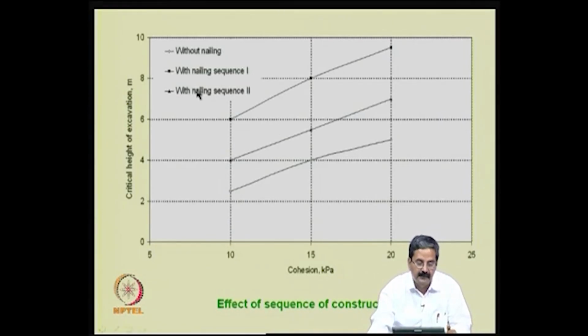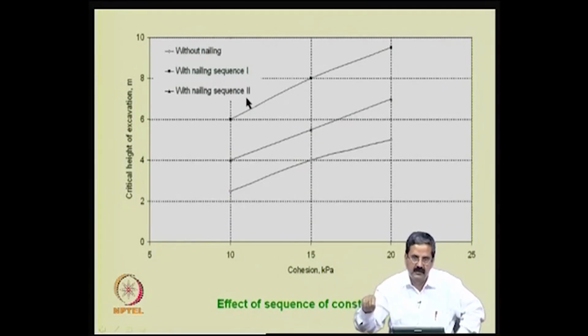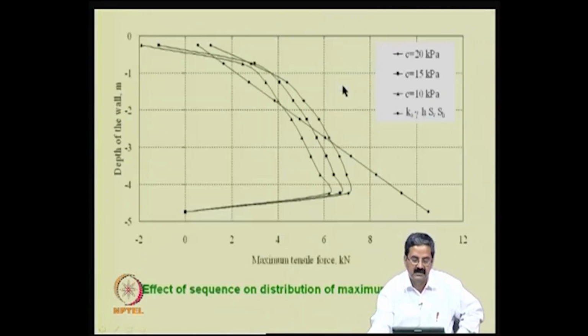You can see that the critical depth without nailing will be lowest, depending on the C value. The moment I have sequence 1, which is nothing but 1.5 meters and nailing like that, it is much better than that. The best was 0.5 meters and put a nail, 0.5 meters put a nail. So, this has better stability compared to the others.